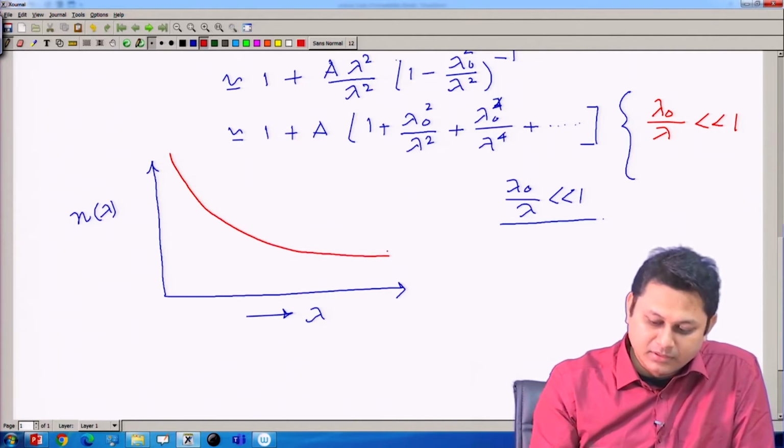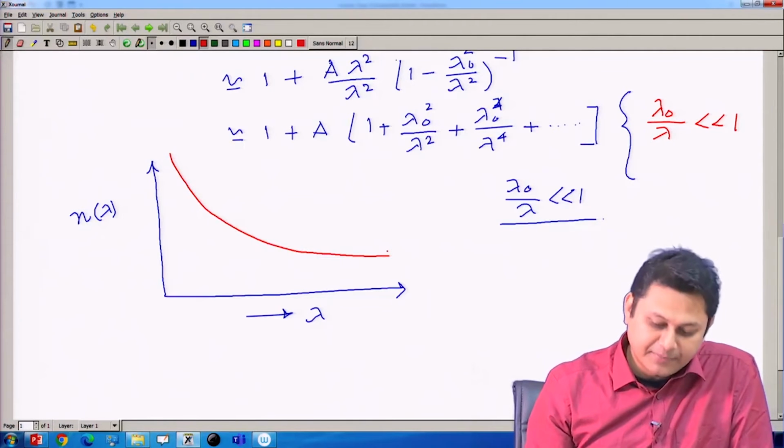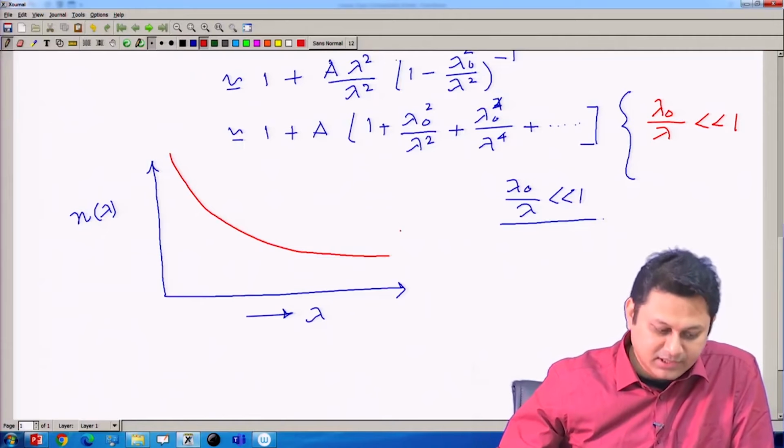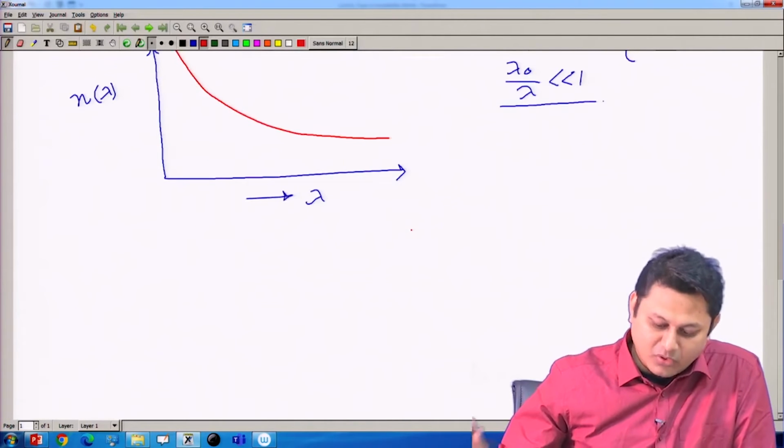With respect to lambda it will gradually decrease. Generally that is the form.